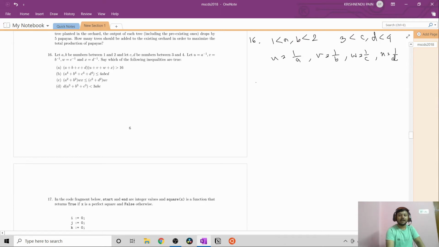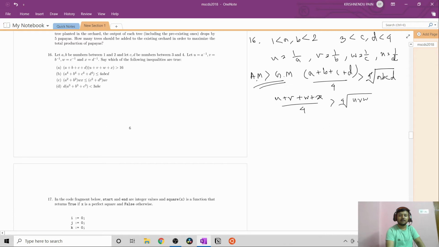Okay. So for a, b, c, d, these 4 numbers, we will apply AM greater than GM, strictly greater than, because these are not equal numbers. So if we apply this, we will get (a plus b plus c plus d) divided by 4 is greater than 4th root of abcd. Similarly for u, v, w, x, we will get (u plus v plus w plus x) divided by 4 greater than 4th root of uvwx.